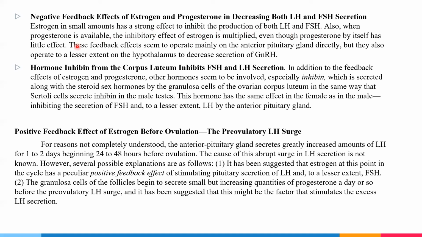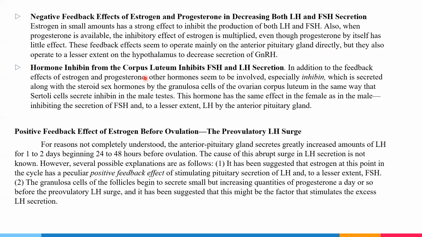Also, when progesterone is available, the inhibitory effect of estrogen is multiplied, even though progesterone by itself has little effect. These feedback effects seem to operate mainly on the anterior pituitary gland directly, but also operate to a lesser extent on the hypothalamus to decrease secretion of GnRH.